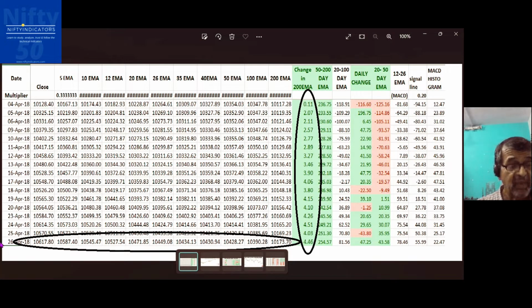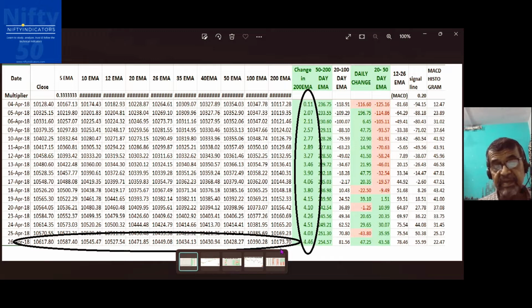Whereas you see it on 26th of April. On 26th of April, you see how beautifully step by step it is climbing up, so that you know that the market is trending.